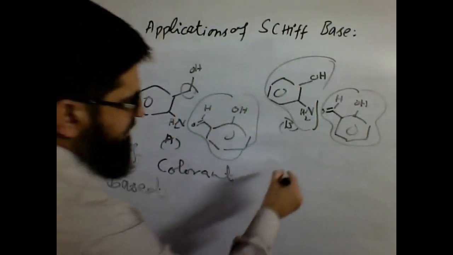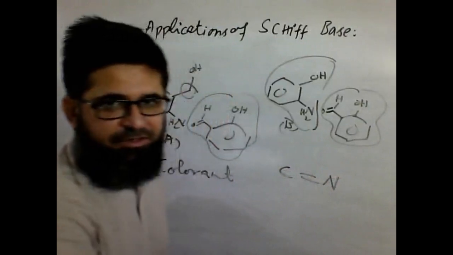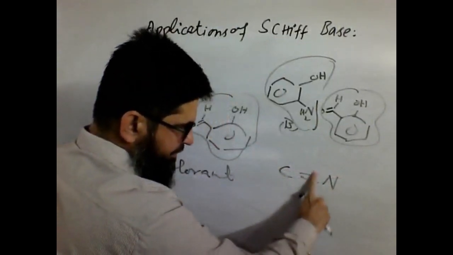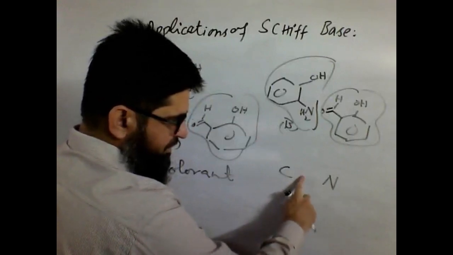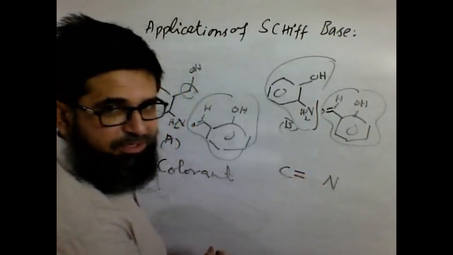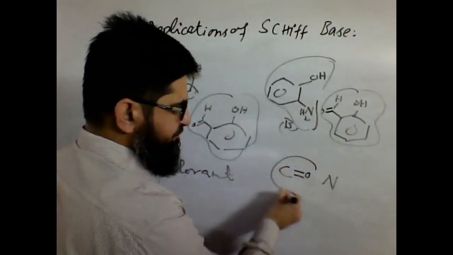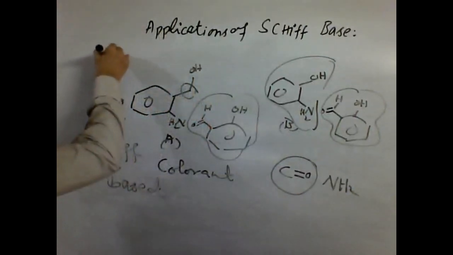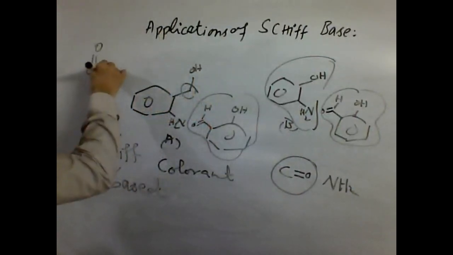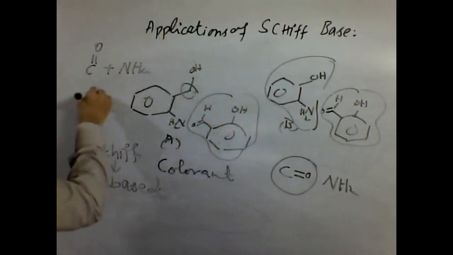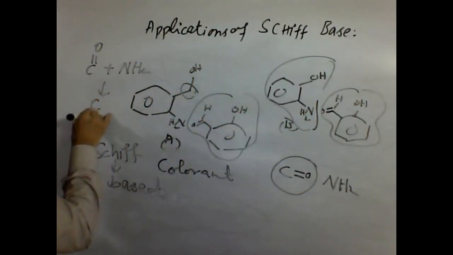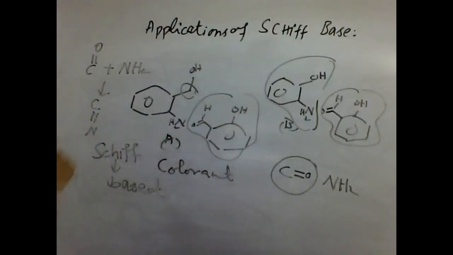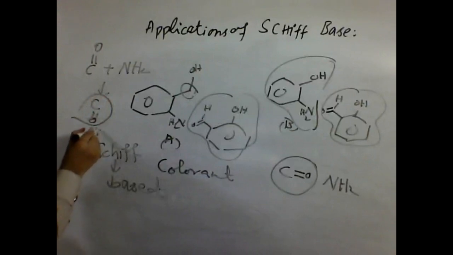Whenever you see a double bond between carbon and nitrogen, we just remove the double bond and we keep the double bond with carbon and install oxygen, and with nitrogen we put in protons, because we have an idea the aldehyde and ketones react with amines and give us carbon double bond N. So whenever you see a double bond between carbon and nitrogen, we can make carbon the carbonyl compound and we can make nitrogen the amine.